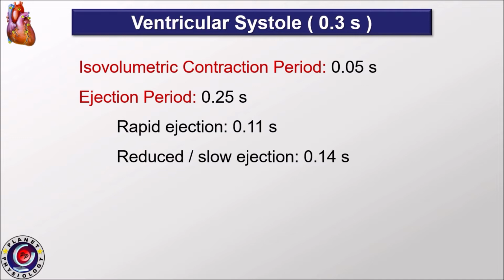Isovolumetric contraction phase lasts for 0.05 seconds and the remaining 0.25 seconds is the ejection phase. This phase is further subdivided into rapid ejection and reduced or slow ejection. Rapid ejection lasts for 0.11 seconds and slow ejection for 0.14 seconds.